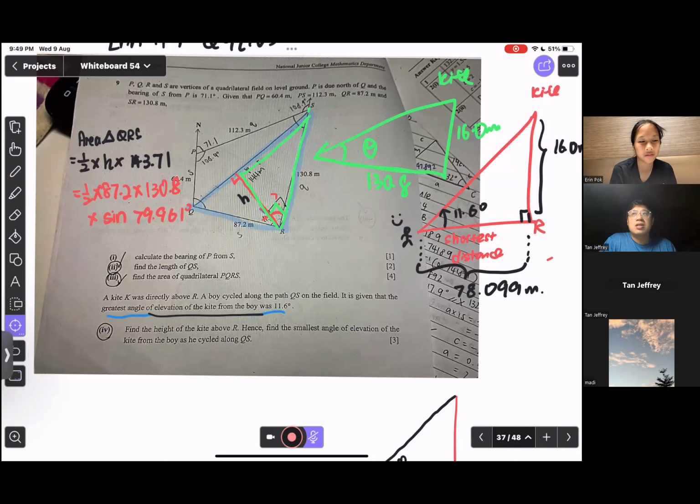Okay, 961 is this one times 0.5 times 0.2 times 130.8. Then I divide by 0.5, divide by 14, 3.71. Yeah, 78. That means this angle is wrong.